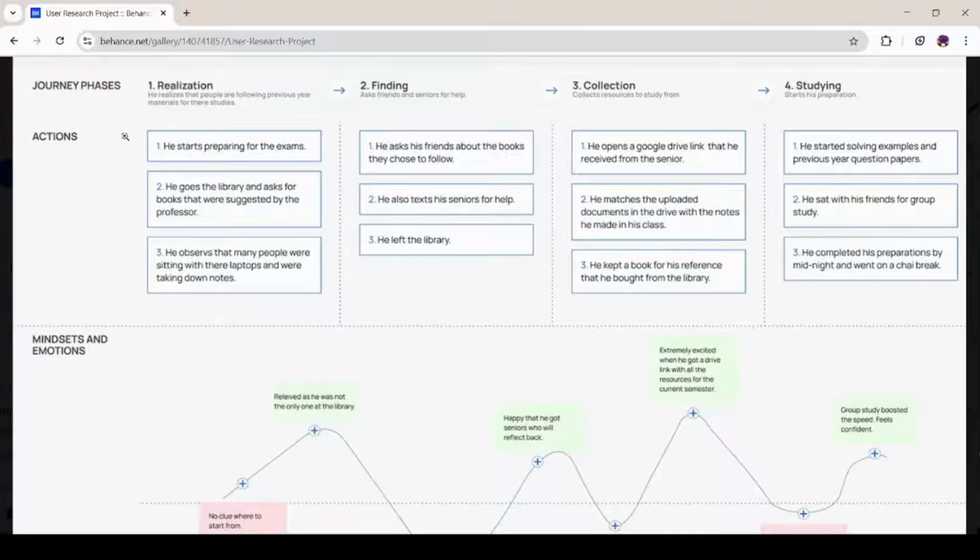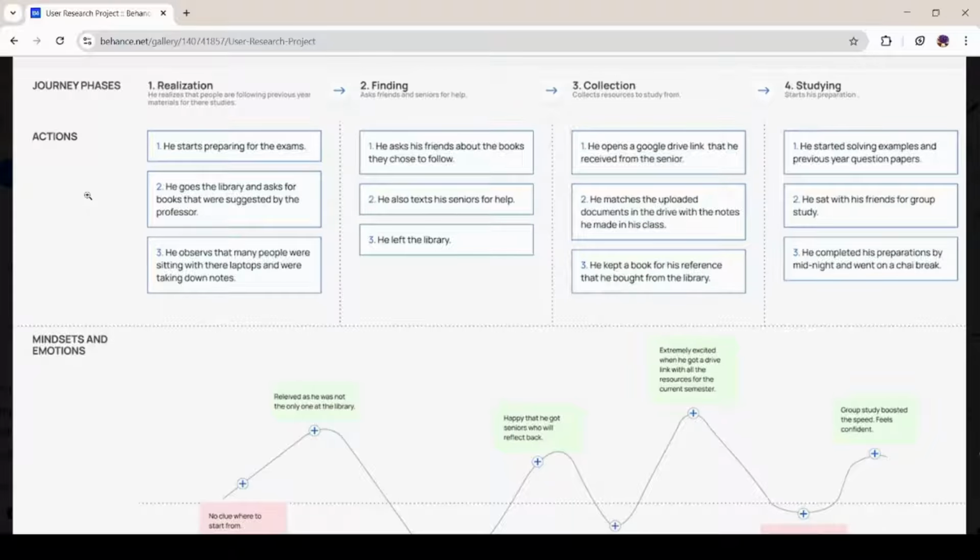The first thing you would do is go and ask your friend or some senior, take help from someone, and find out what's happening around, how they are doing it. Okay, and then once you get the understanding of how they are doing it, there's a collection phase where you collect the resources and study forms, and then you study everything. So this is how an offline thing would work.